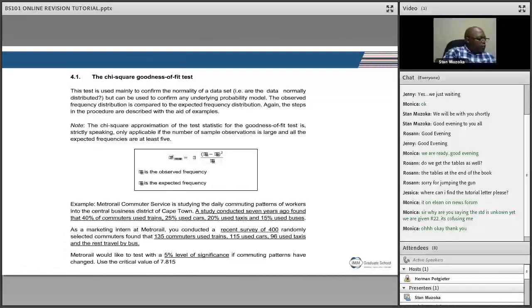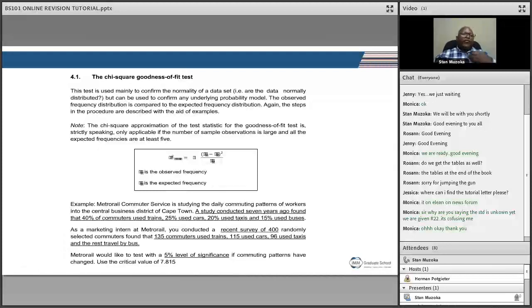Goodness of fit, I can see independence there. Yes, on page 282, goodness of fit on page 282.